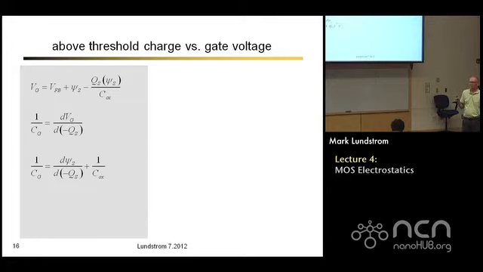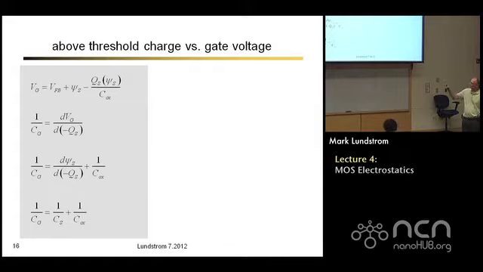Charge divided by potential is capacitance. If it's a nonlinear capacitor, it's dQ/dV. I'm doing 1 over that. So that first term looks like a capacitance. It's the capacitance of the semiconductor: the potential in the semiconductor divided by the charge in the semiconductor.